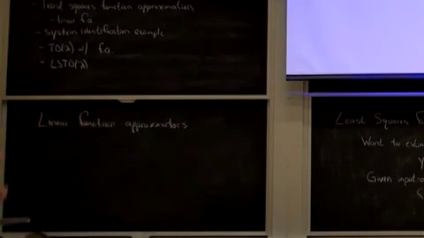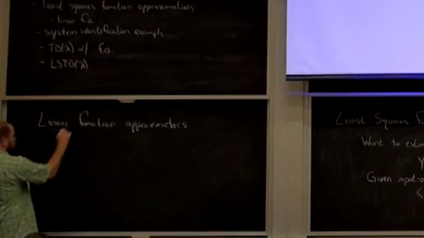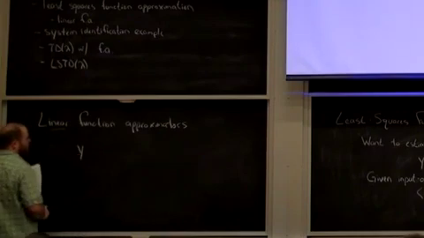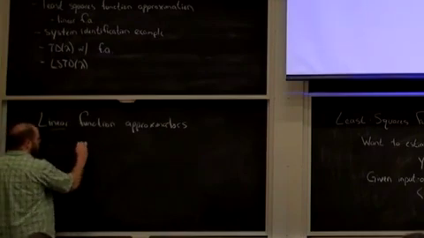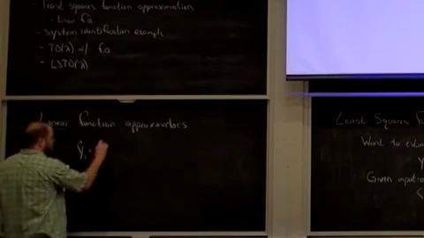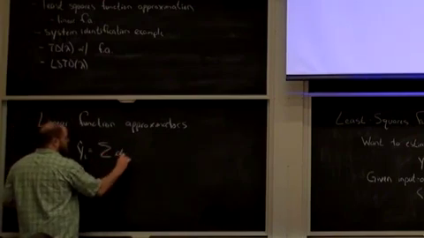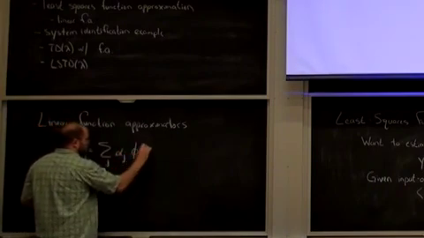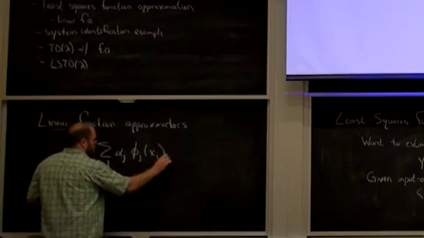Linear here meaning that they're linear in the parameters, but not necessarily linear in the output. So I want y hat i to be some linear combination of potentially nonlinear basis functions of xi.